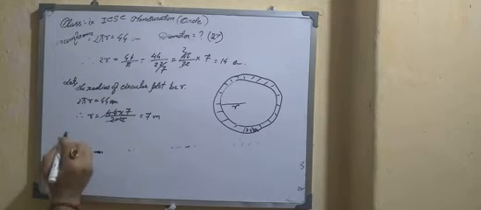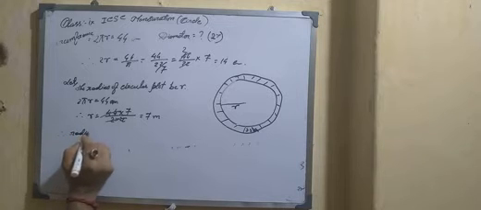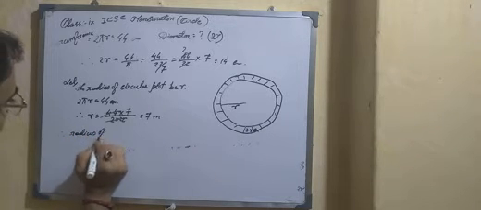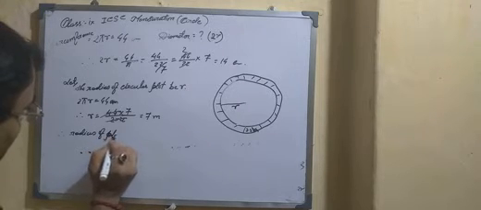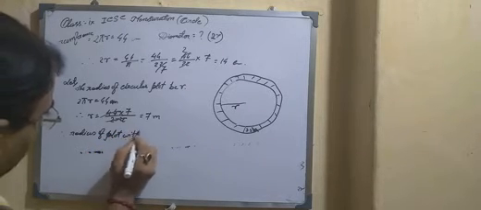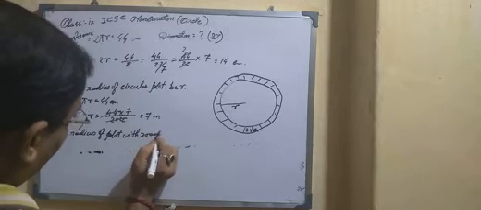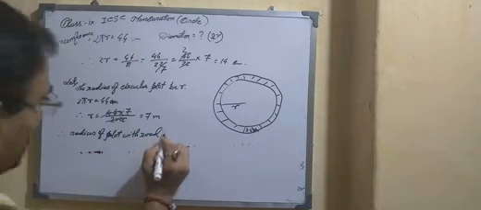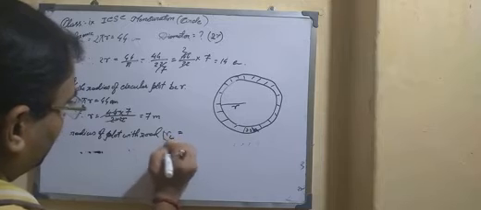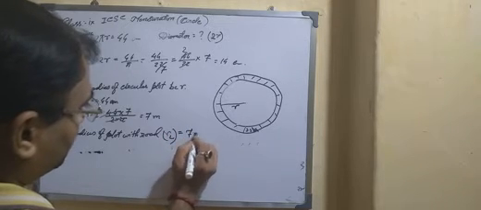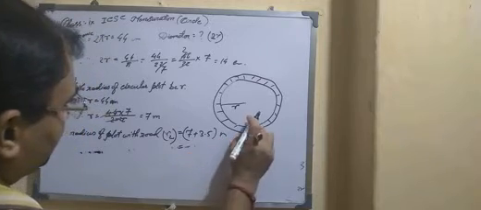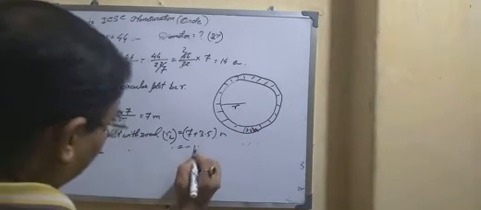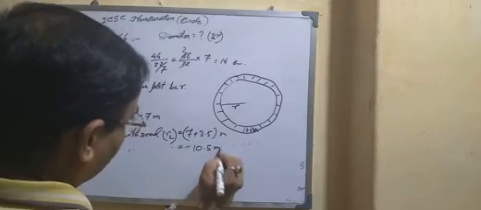Okay, therefore the radius of the plot with road, R2, equal to 7 plus 3.5 meter, because the road is 3.5 meter wide. That means it is 10.5 meter.